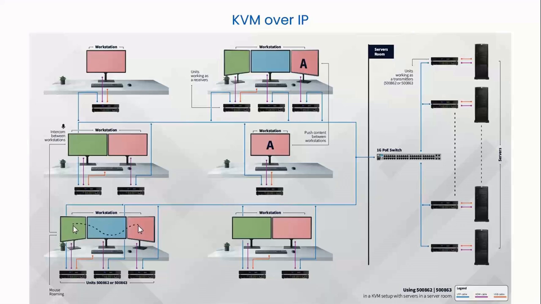You'll see some examples of how the software looks, the OSD, the on-screen display to manage your workstations, further down. You can have up to 9 windows of servers set up on a single screen. So in this case I can have up to 27, because I've got 3 screens, 9 per screen. I can manage up to 27 servers from this particular workstation, and if I had more screens, I could manage more units.